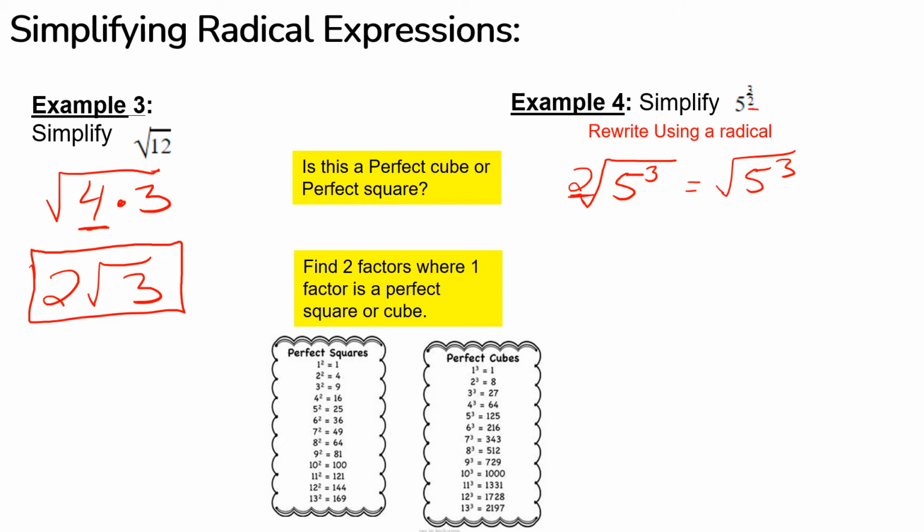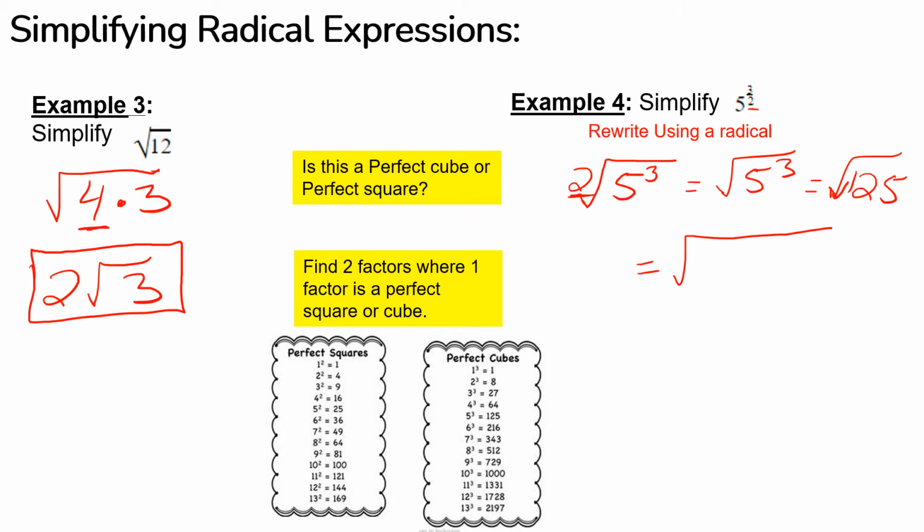Now, since I have the square root of 5 to the third power, let's simplify that. What's 5 to the third? That is 125, right? 125 is not a perfect square, but I want to find two factors of 125 where one is a perfect square.